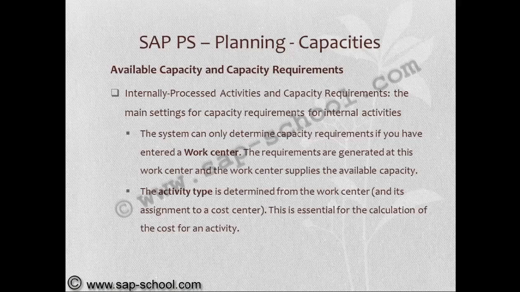The system can only determine capacity requirements if you have entered a work center. The requirements are generated at this work center and the work center supplies the available capacity. The activity type is determined from the work center and its assignment to a work center, a cost center. This is essential for the calculation of the cost for an activity.